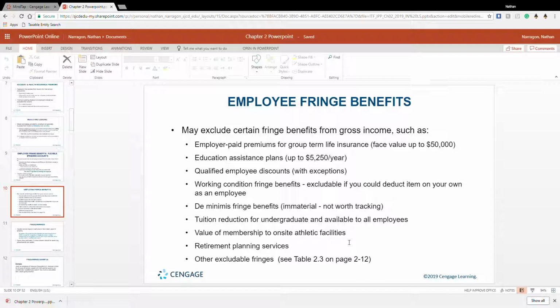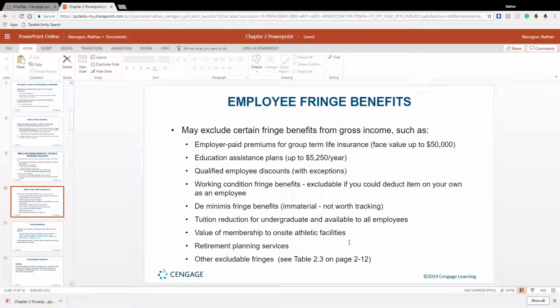Tuition reduction for undergrad and available to all employees, so that cannot be specific. Value of memberships to on-site athletic facilities, retirement plan services, which is nice. Again, if you can get into a retirement plan, IRA, Roth, whatever, get into it as quickly as you can.